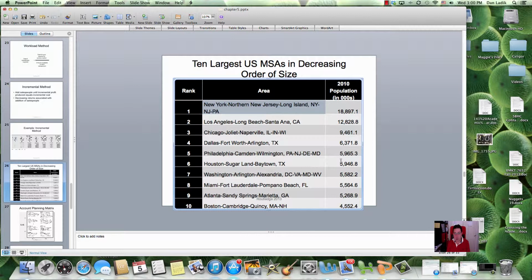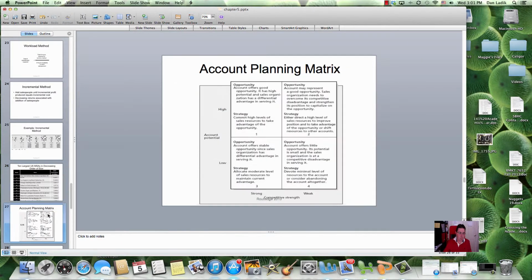But Philly and Houston, that greater Houston area, I believe Houston's actually past Philly right now, to be honest with you. Philadelphia is not growing the way it was growing, and Houston is growing quite rapidly. Washington, Miami, Atlanta, and then Boston. These are the 10 largest markets in the United States. You would obviously want to try to feed more salespeople in the direction of where there's more potential customers, depending on your product or service.